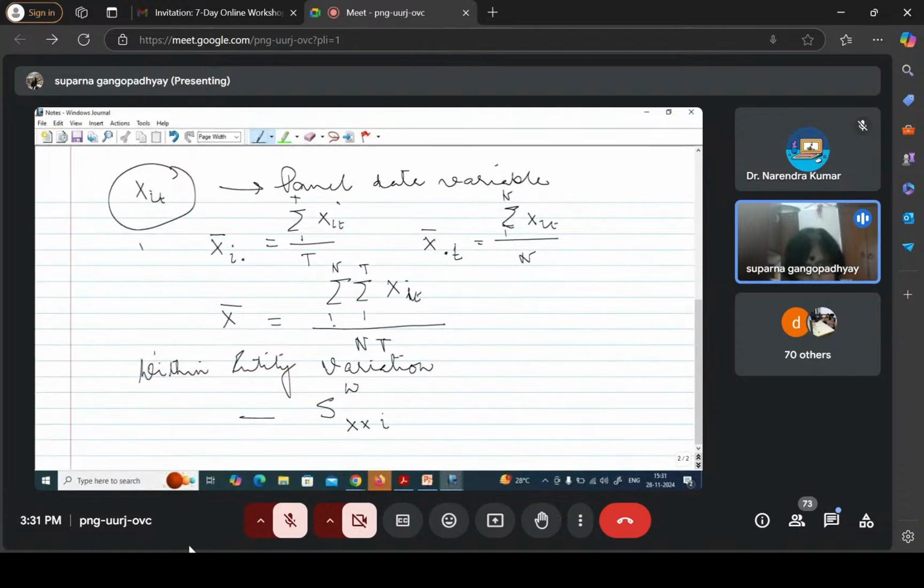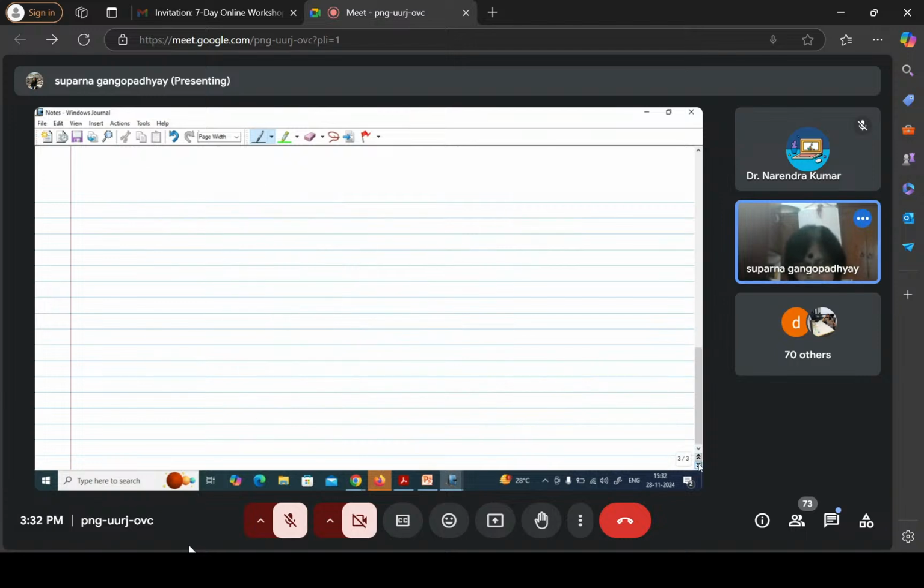For x, you are taking a particular state. This is a square term, that means over t you are calculating X_it minus X bar i, where t is free. This is within entity variation.